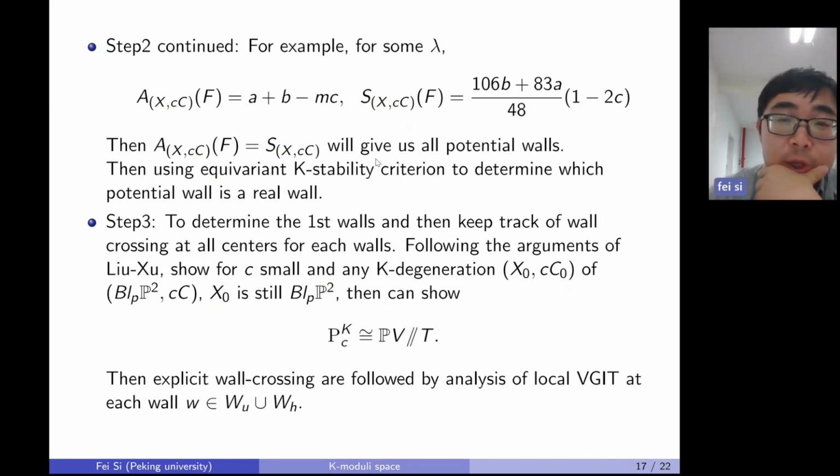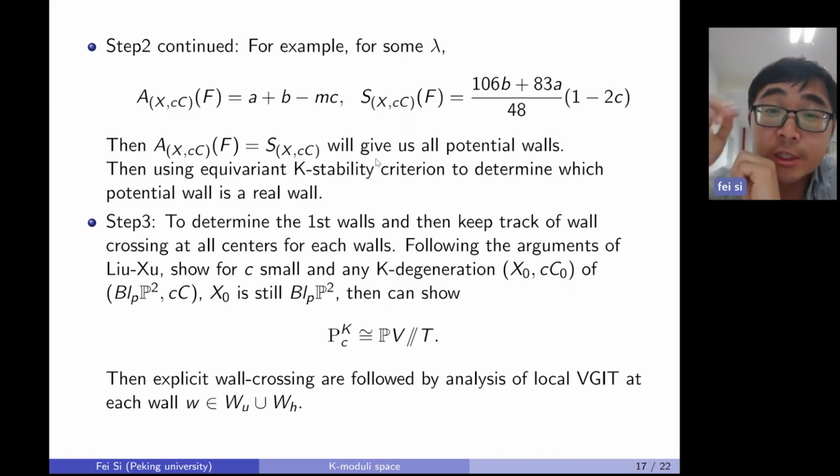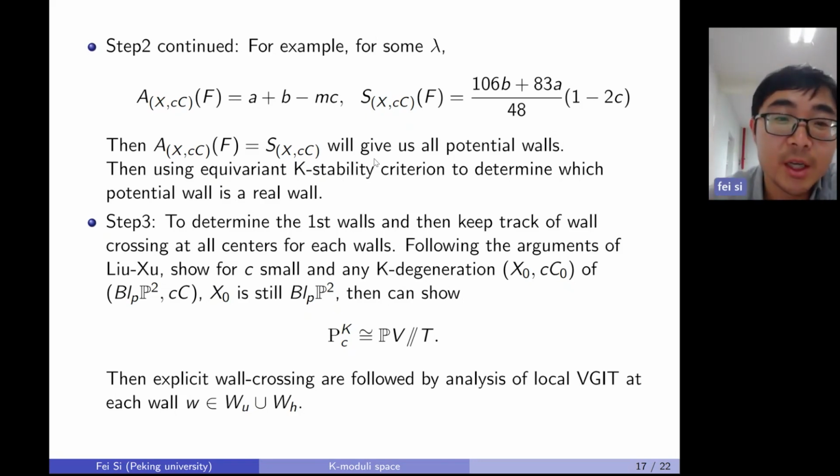But if you need to check these potential walls are real walls, then you will use the equivariant K-stability criteria to show that the potential wall is a real wall. So after the first step and the second step, you will get all the walls.